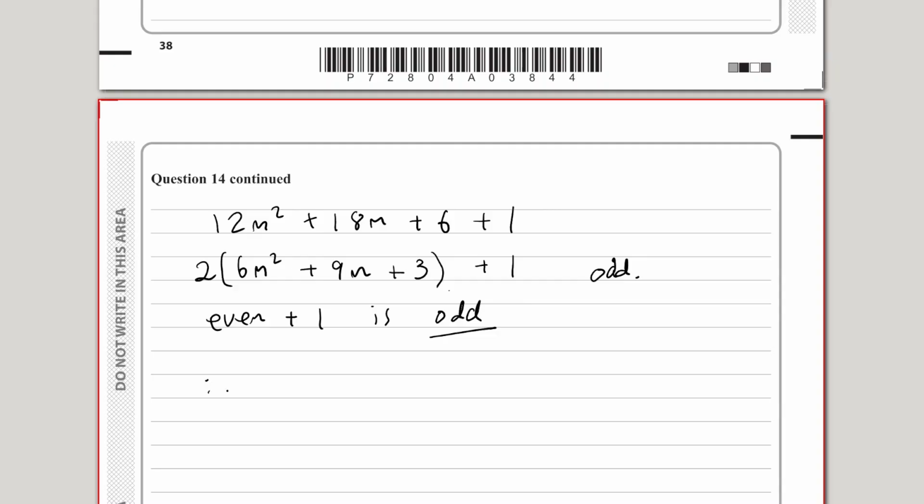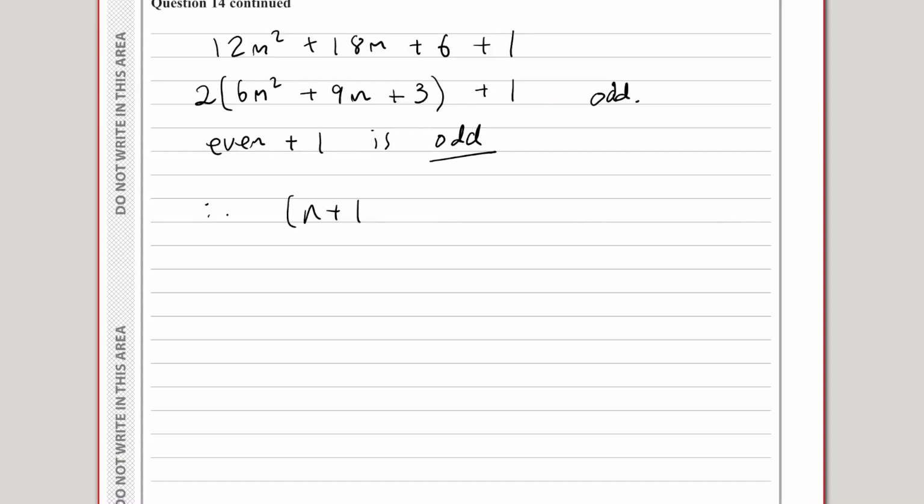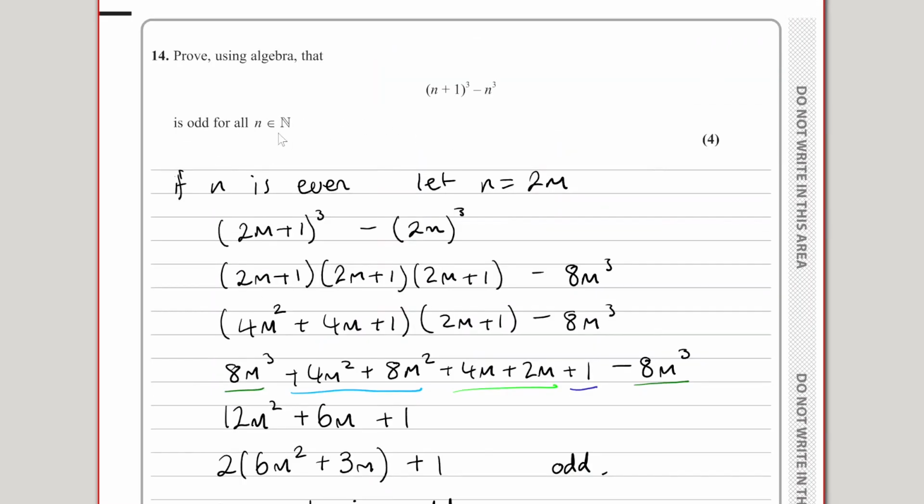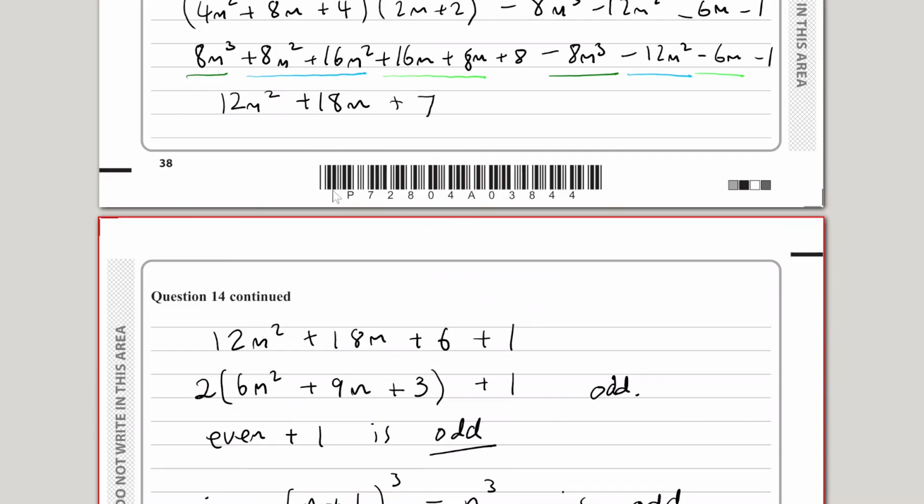Therefore, (n+1)³ − n³ is odd for all natural numbers. And I'll just repeat the notation, which was n is a set of natural numbers.